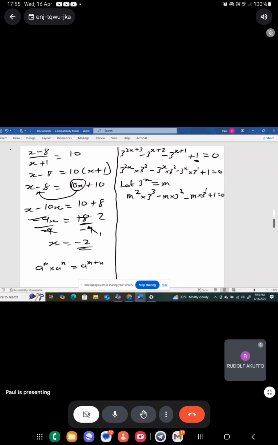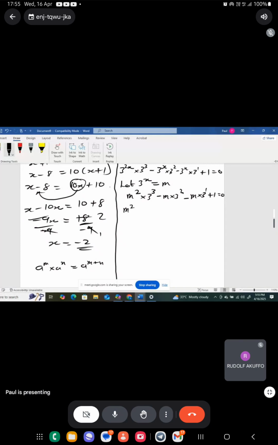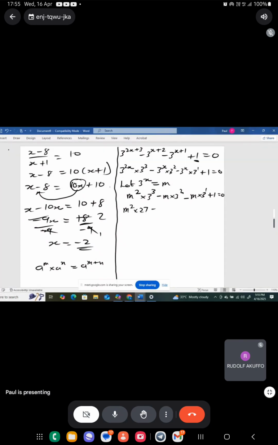Now, m squared, this will give us... oh, sorry. 3 to the power 3 will give us 27. So here we get 3 to the power 2 is 9, minus m times 3, plus 1 being equal to 0.